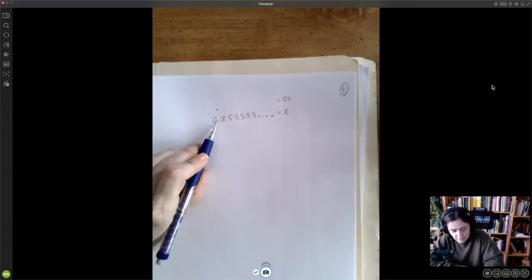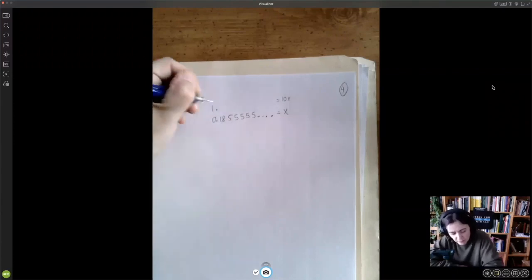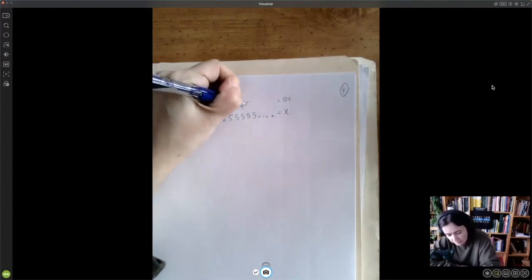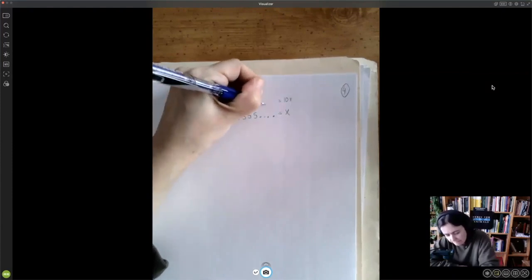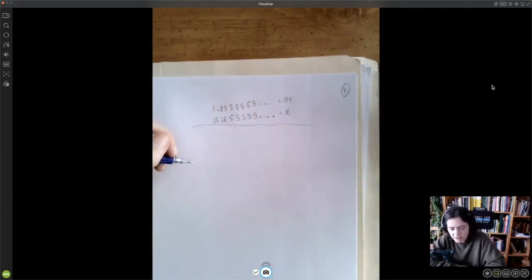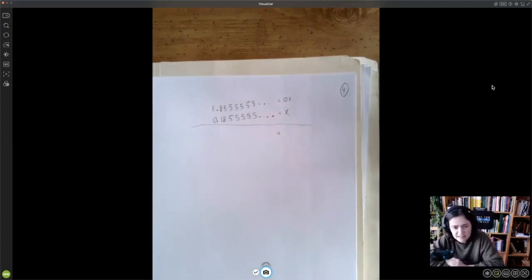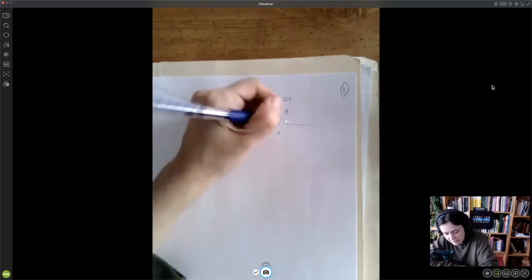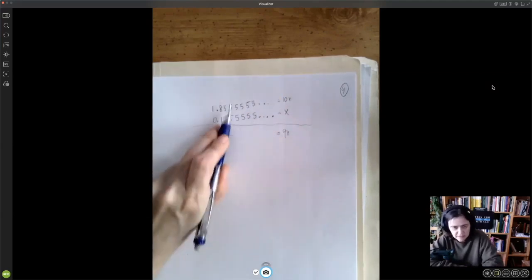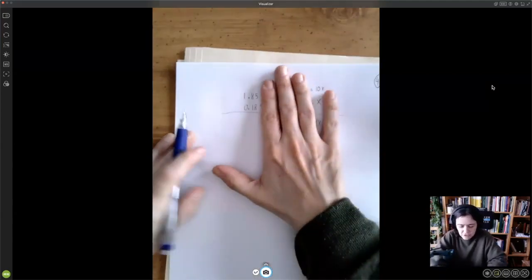So when we multiply by 10, we get 1.85555... And now when we subtract, we don't quite get an integer, but as long as the infinite tail is gone, we should be celebrating. So we have 9x again, and 5 minus 5 is all good. And then we have here, I guess you can ask the calculator this one.